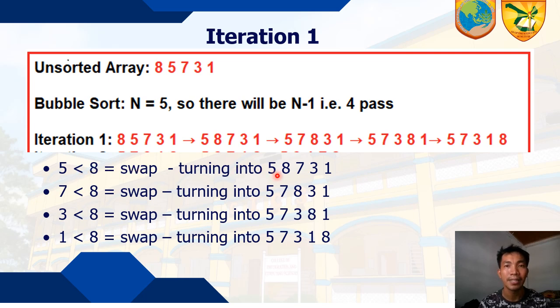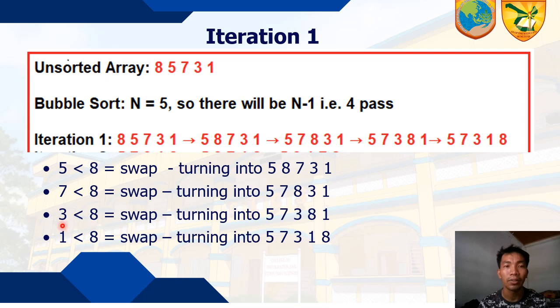Now we have a list of 5, 8, 7, 3, and 1. Again, 7 is compared with 8. So 7 is less than 8. Since it's true, we swap them, which results in a new list 5, 7, 8, 3, and 1.